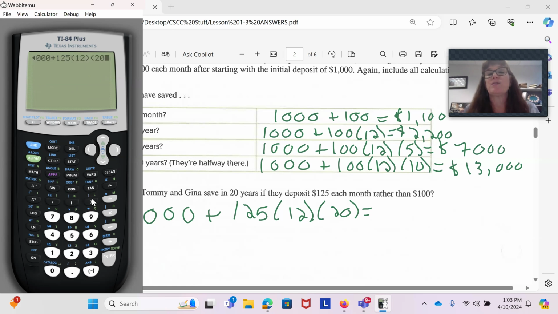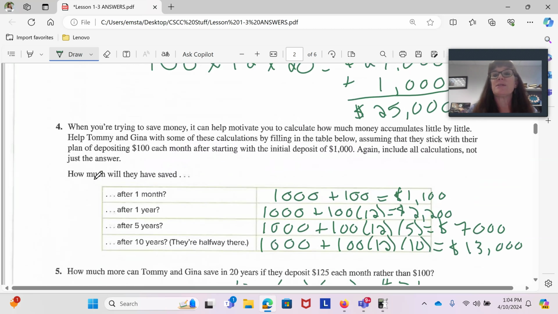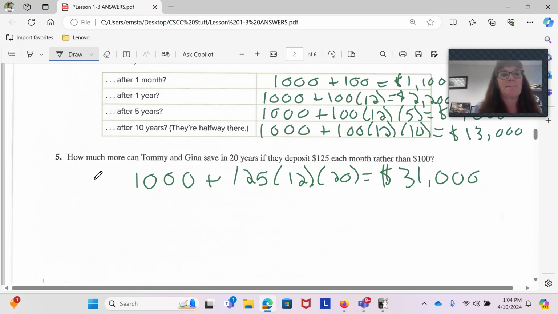You'll notice that you can either use parentheses on the calculator or you can use the times button. So in this case, we would have $31,000 if we invested 125 instead of 100. How much more is that than we had before? Well, we're going to take 31,000 minus 25,000.